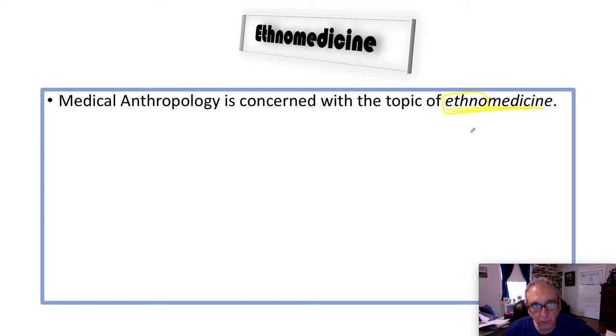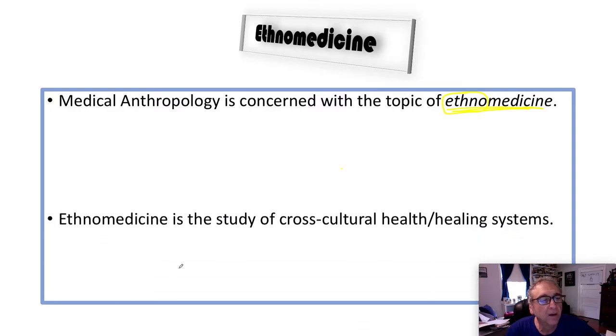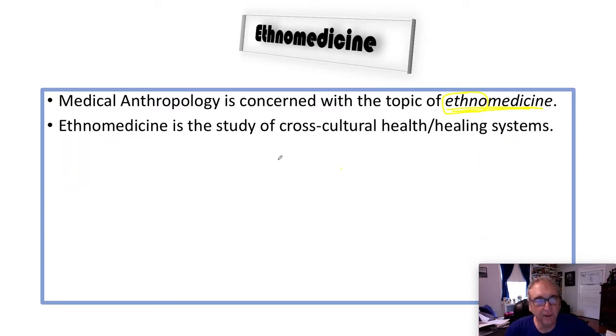So cultural medicine, or the connection, right, between culture and medicine. So ethnomedicine is the study of cross-cultural health and healing systems. Every culture has some kind of a healing system.